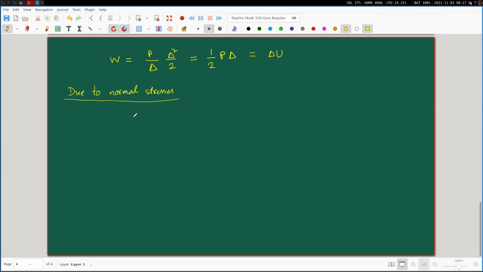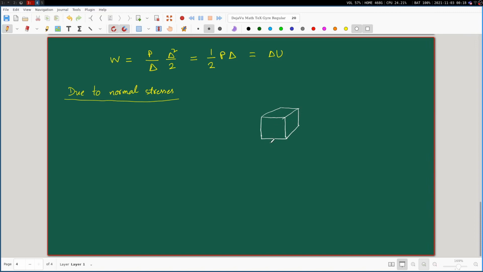So, we wish to relate the work done with the strain energy, but for that we are going to consider an infinitesimal element, a small cuboidal element having infinitesimal dimensions like this.